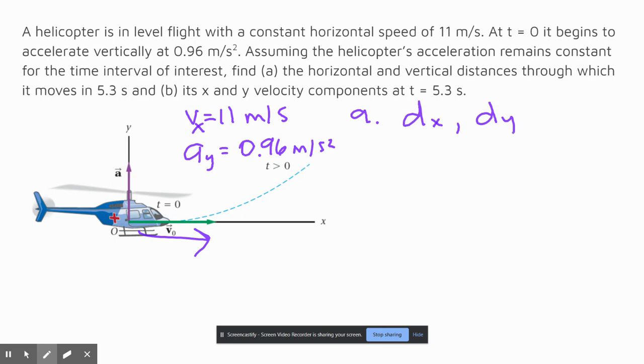Well, let's just go ahead and start with the x direction. So I'm looking for dx. Okay. We can use the equation, and I'm just referring back to a chart. So again, have that chart and see which equation makes the most sense to use. Here is what the equation looks like.